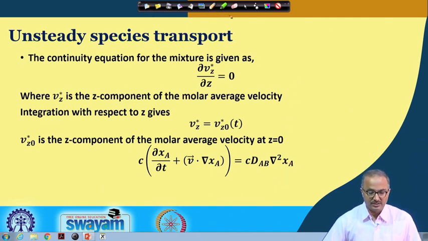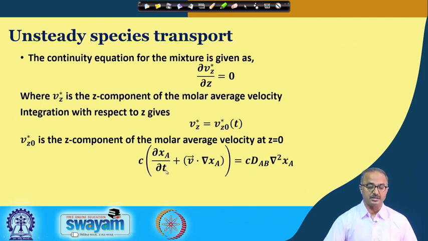Now this particular problem would be completely defined only when we have the initial condition and the boundary conditions, because this equation has an unsteady state term and also a differential with respect to the coordinate direction.